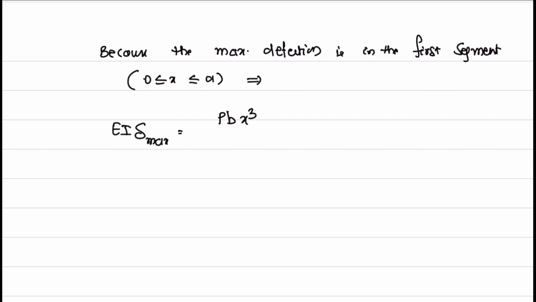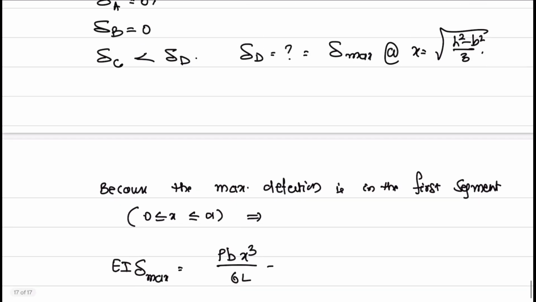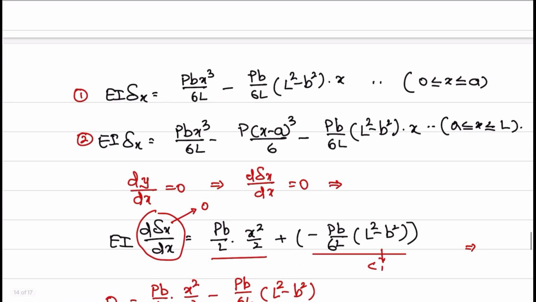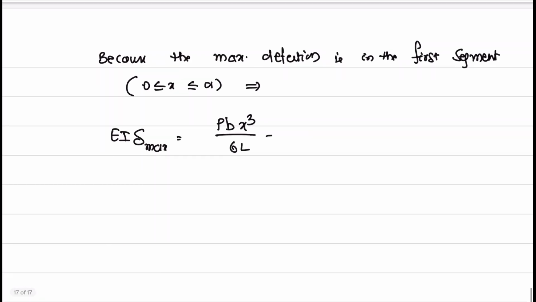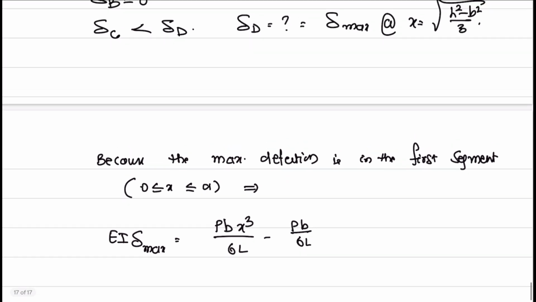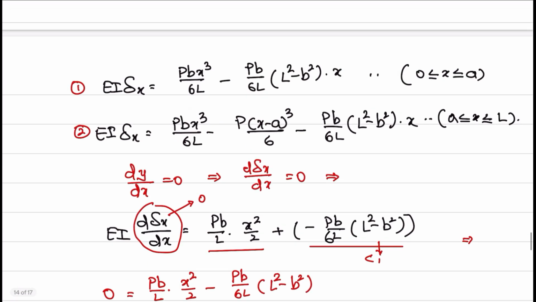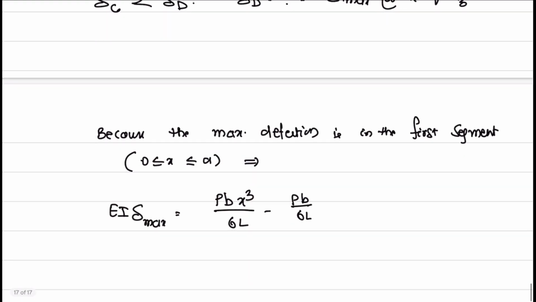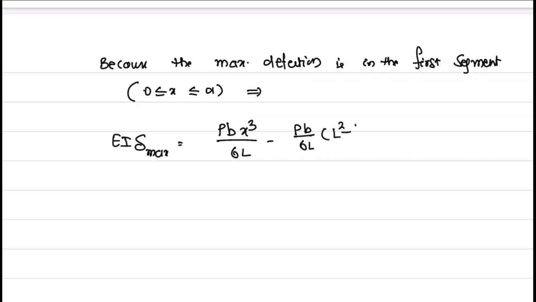PB x cube by 6L minus PB by 6L into (L square minus B square) into x. What is the value of x? For delta maximum, x is equal to square root of (L square minus B square) by 3.